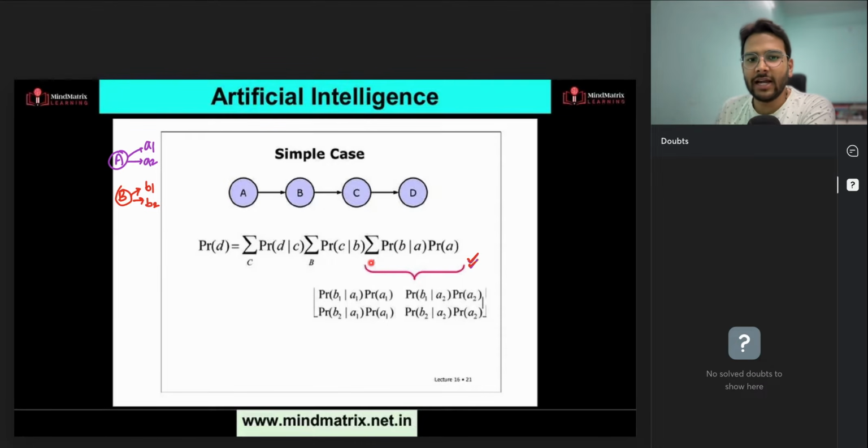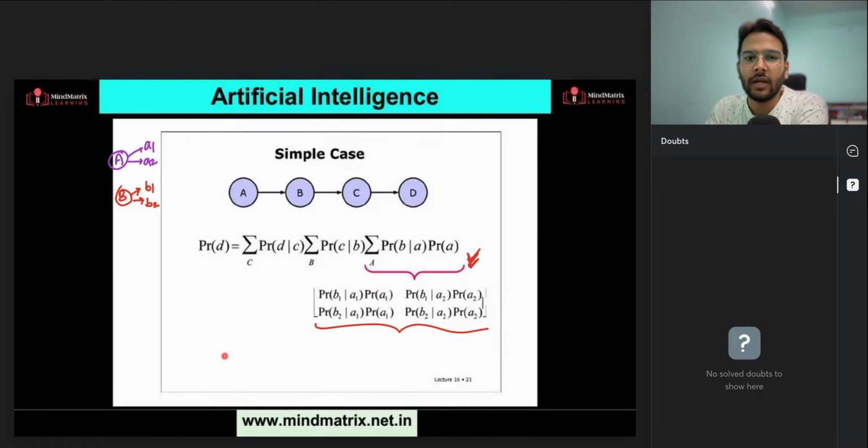For example, this is equivalent to probability of B1 given A1 into probability of A1, plus probability of B1 given A2 into probability of A2, plus probability of B2 given A1 into probability of A1, plus probability of B2 given A2 into probability of A2. So this is the entire matrix that we get. We can add all these values to get this particular value. Do you agree, everyone? Just substituting the values of B and A. Yes or no? Just give me a thumbs up in the reactions if it is clear till this point.